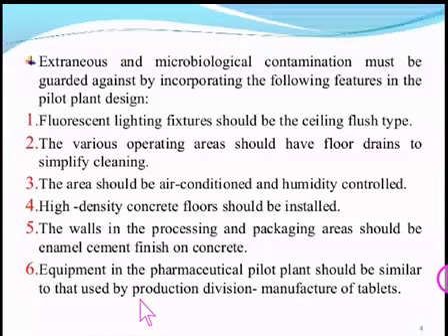So when we design the pilot plant for tablets, we must take into consideration what kind of equipment or machineries are available in the large manufacturing area, and with that in mind, the design of the pilot plant has to be made while deciding on the selection of the pilot plant equipment.